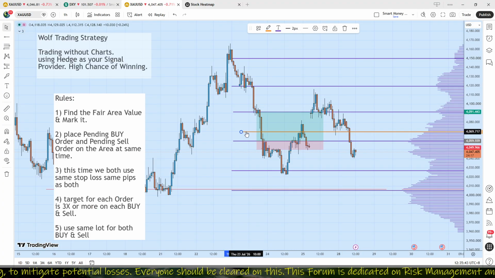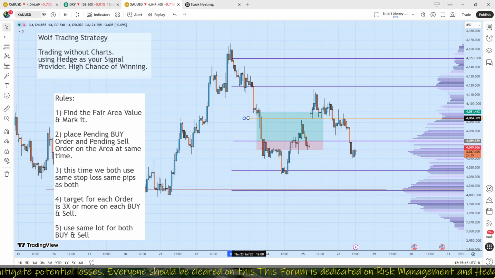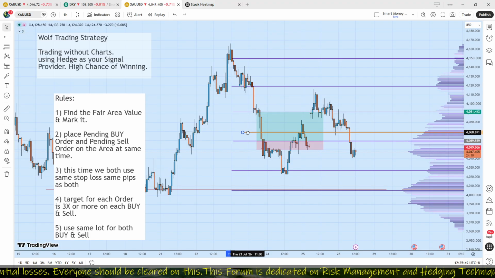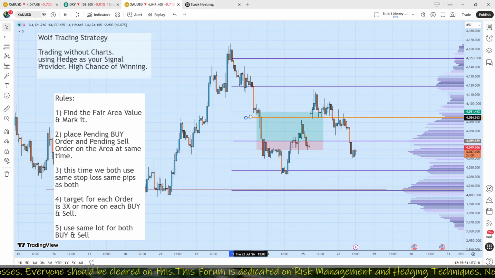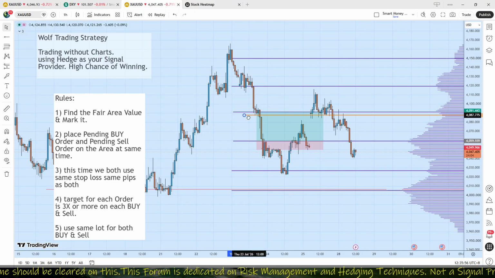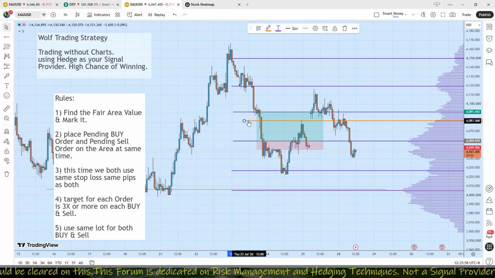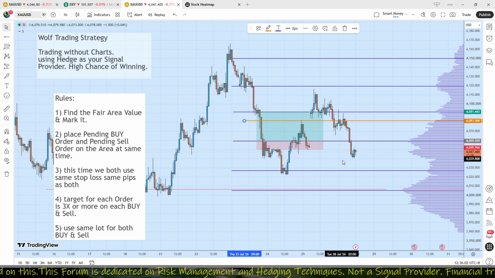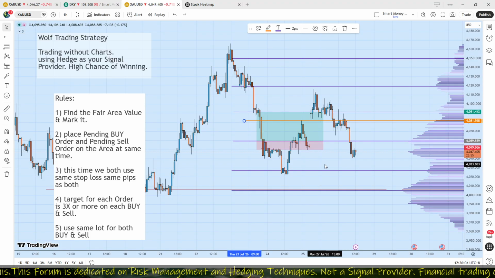But here, you already win. Now you already win the 3 for your daily target. Why? Because the target is covering itself, covering the other position's loss.